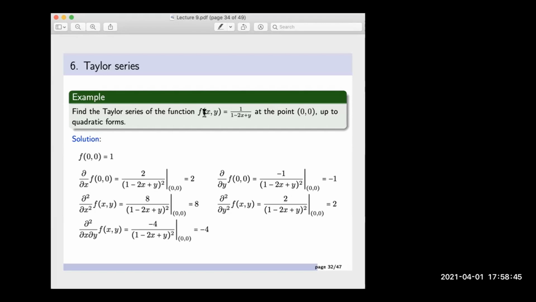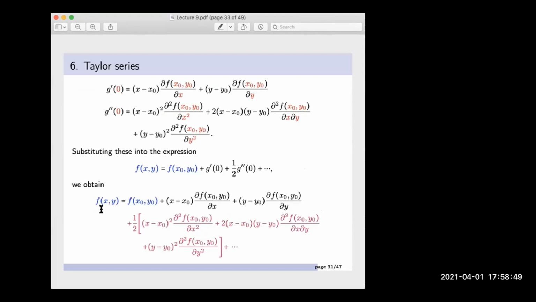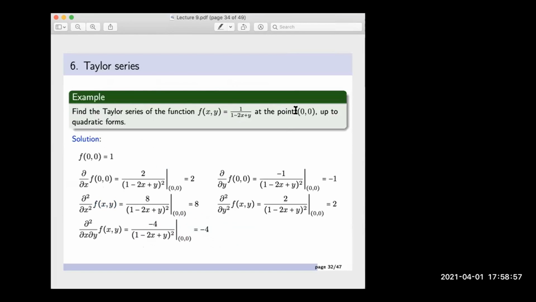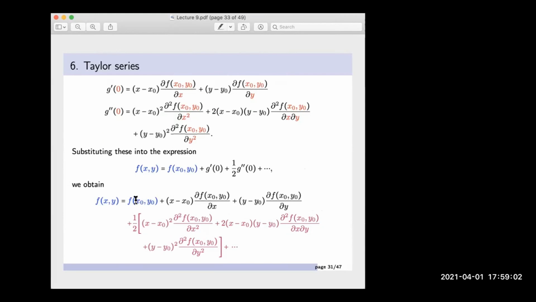So what do we mean by Taylor series at a point? This is the Taylor series at a given point, x0, y0. Here for this question, we want to compute the Taylor series at (0, 0), which means x0 equals 0 and y0 equals 0.